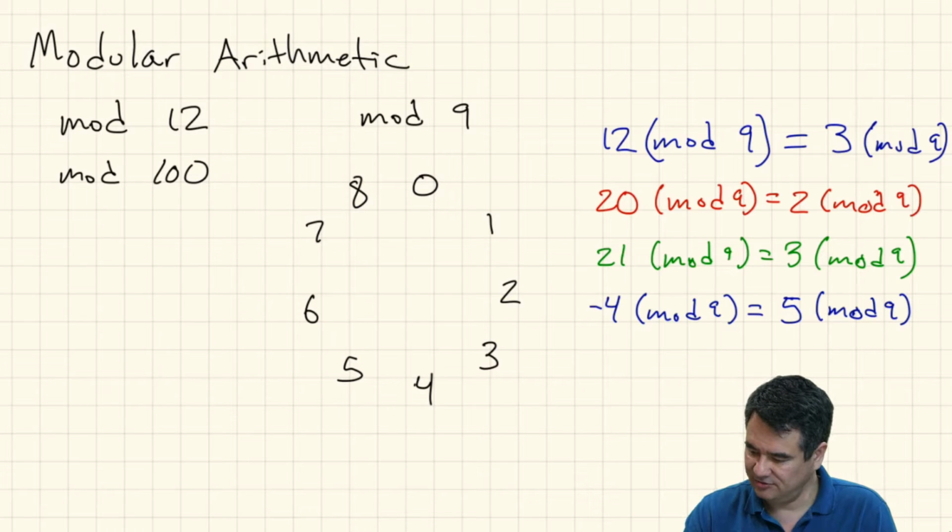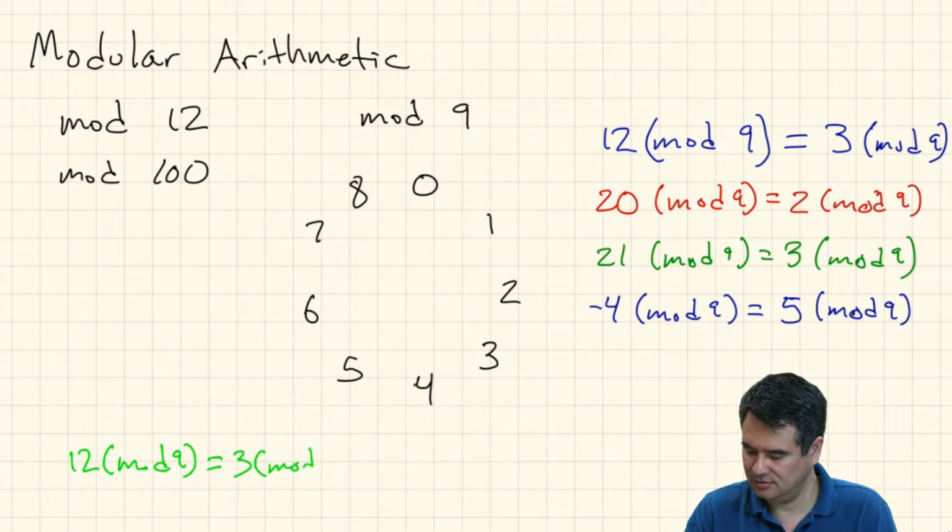One thing to notice here is that 21 mod 9 and 12 mod 9 both become 3. So we can say that 12 mod 9 is equal to 3 mod 9, which is equal to 21 mod 9.